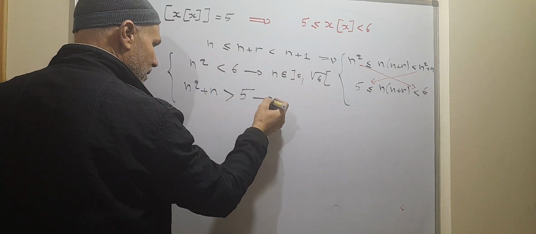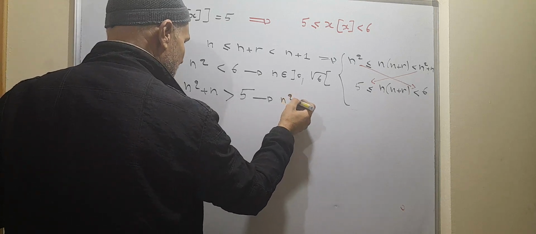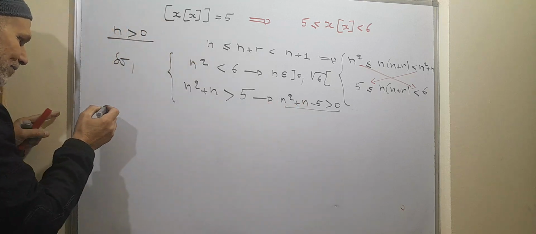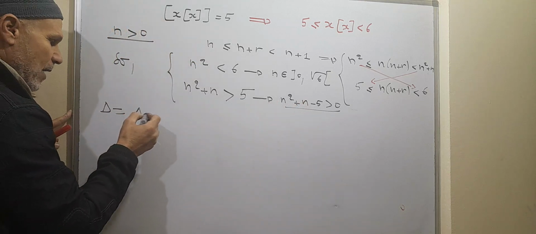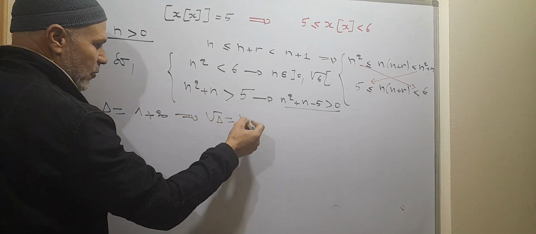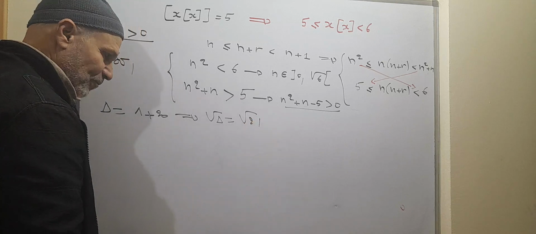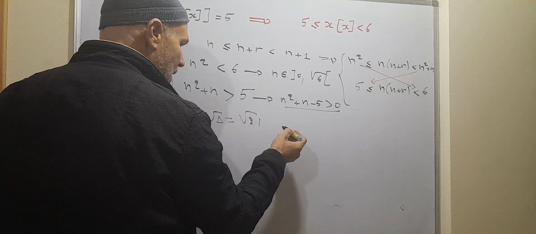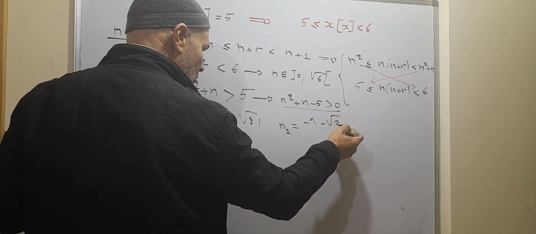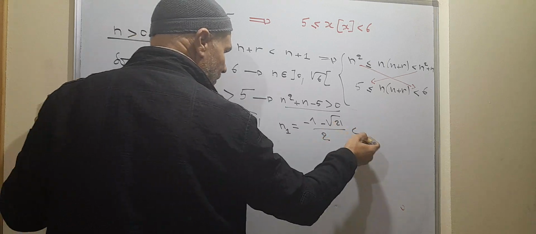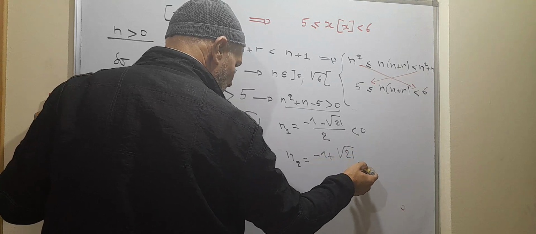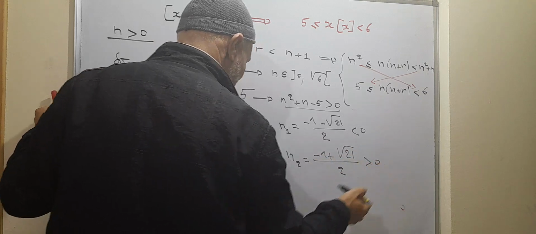And from this inequality, we get n squared plus n minus 5 greater than 0. We will solve it once again. Delta equal to 1 plus 20, so the square root of delta is equal to the square root of 21. And the solutions are n1 equal to (minus 1 minus the square root of 21) over 2, which is negative, and n2 equal to (minus 1 plus the square root of 21) over 2, which is positive.